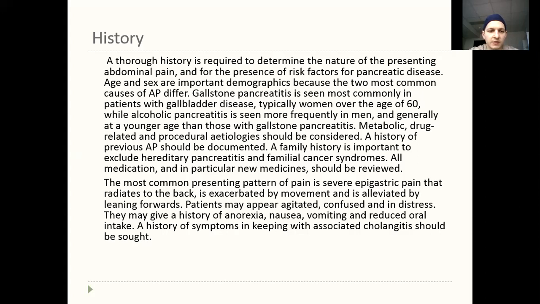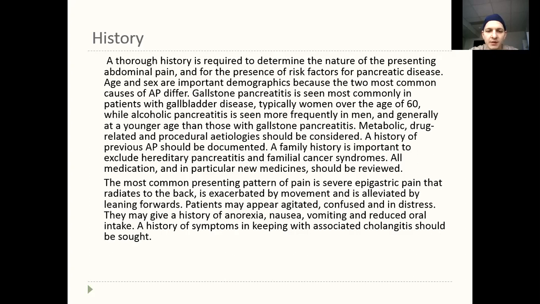A history of previous AP should be documented. A family history is important to exclude hereditary pancreatitis and familial cancer syndromes. All medication, and in particular new medicine, should be reviewed. The most common presenting pattern of pain is severe epigastric pain that radiates to the back, is exacerbated by movement and is alleviated by leaning forwards.